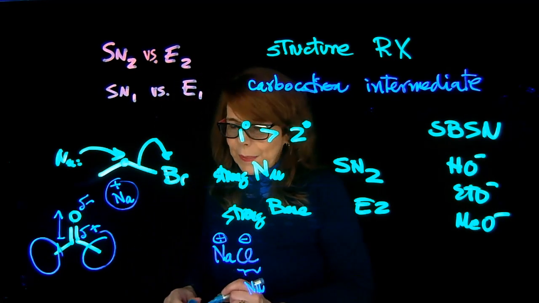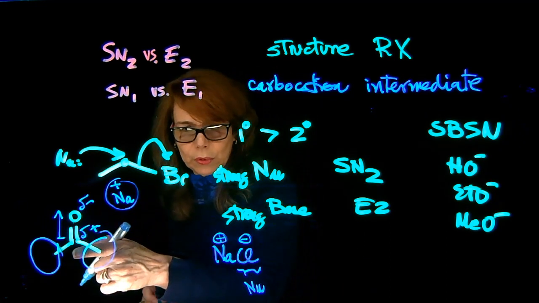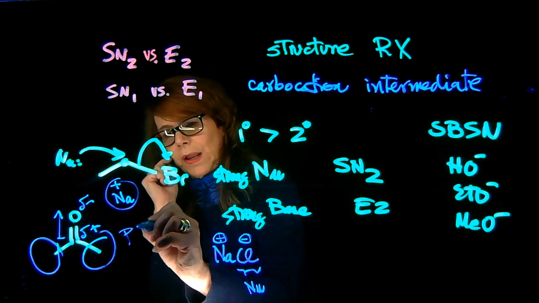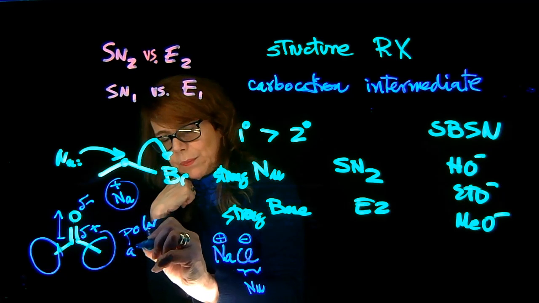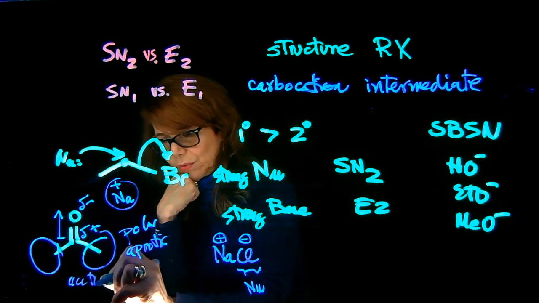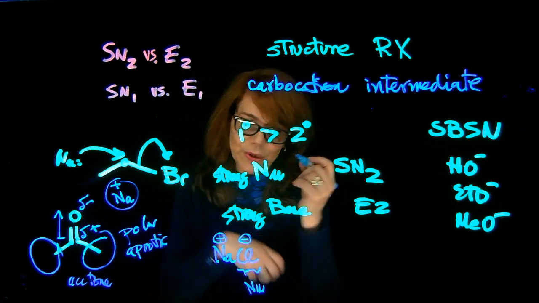So let's see what happens if we have, instead of a polar aprotic solvent, which is ideal for SN2, a polar protic solvent. This molecule is acetone. We have another video with more solvents.